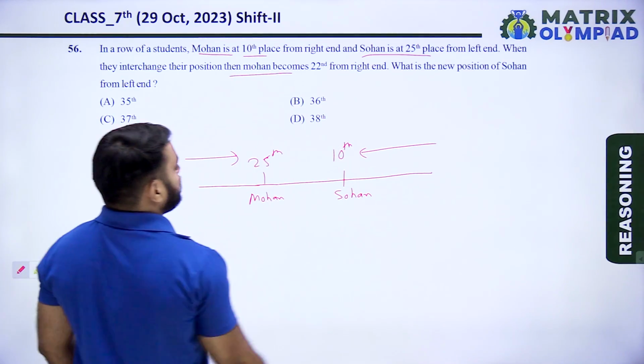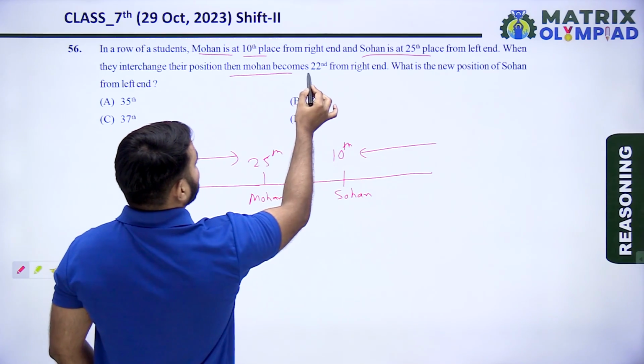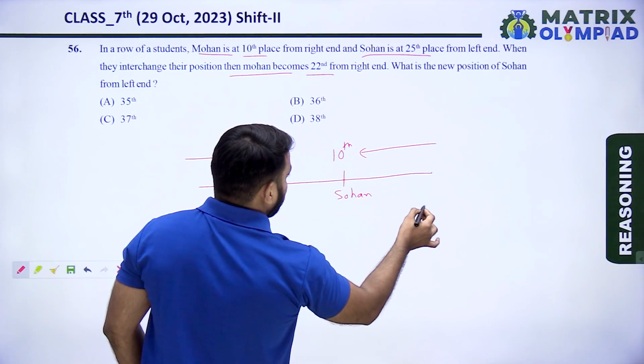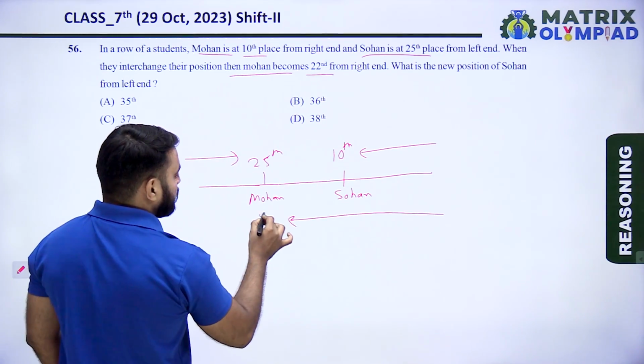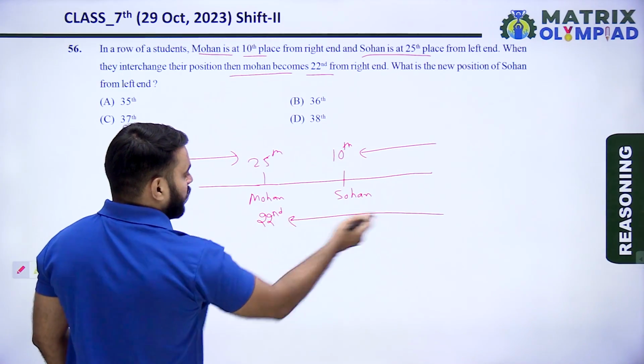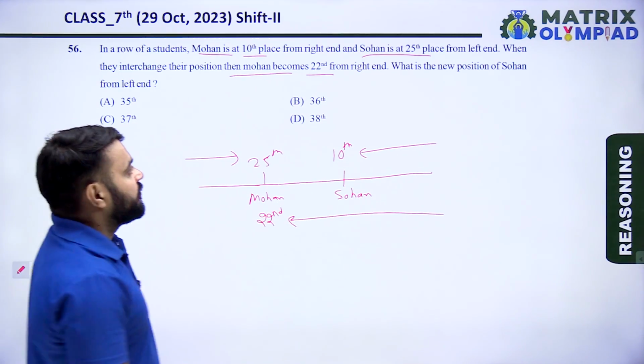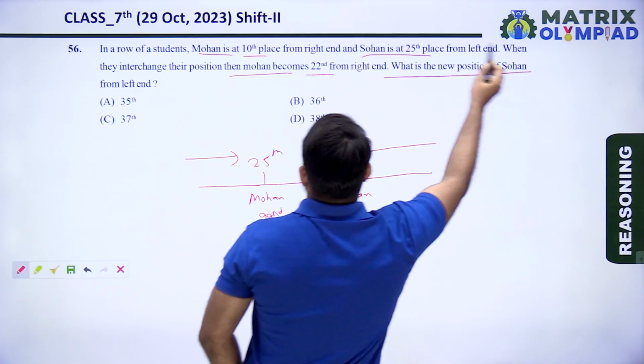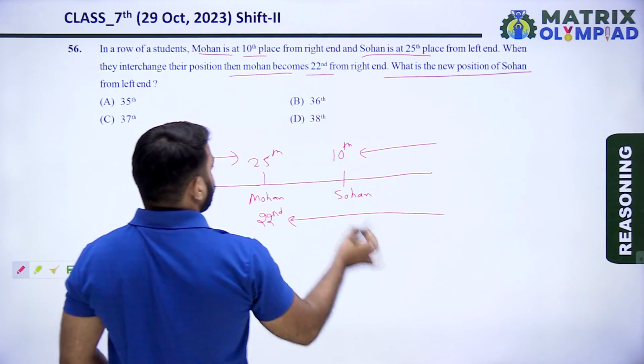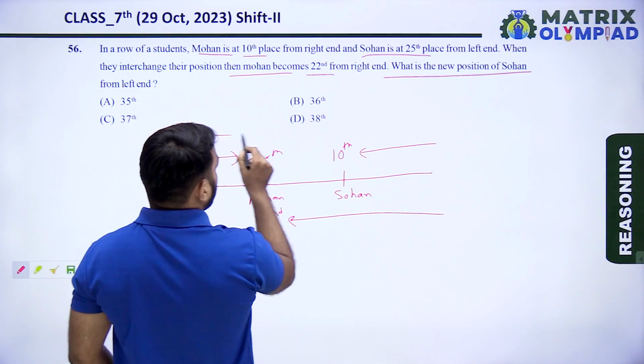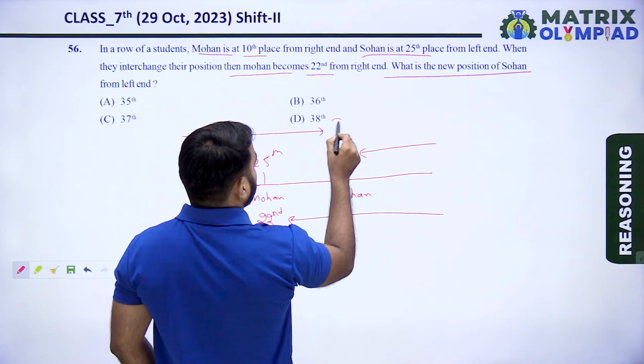Then Mohan becomes 22nd place from the right end. What is the new position of Sohan from the left end? So find the new position of Sohan from the left end.